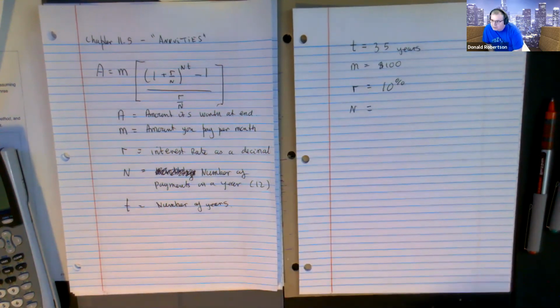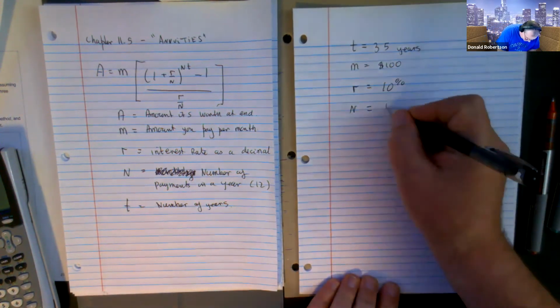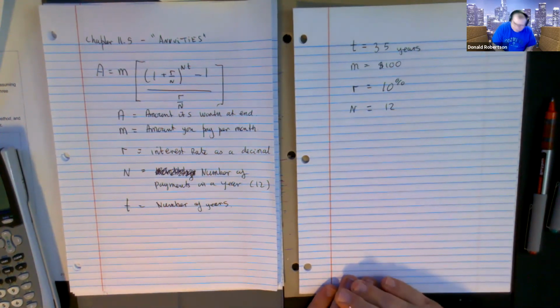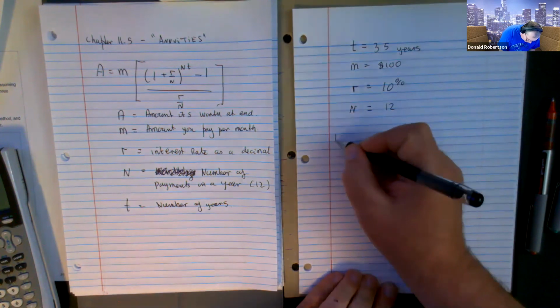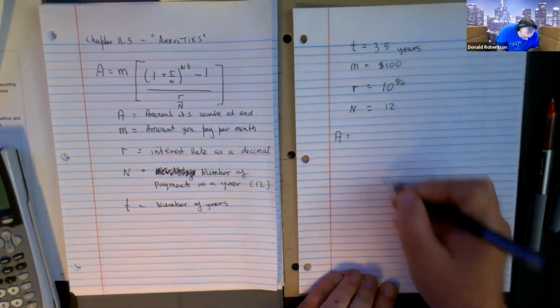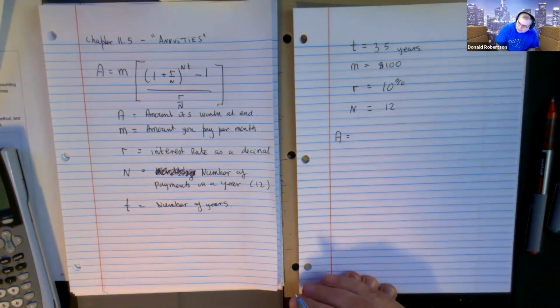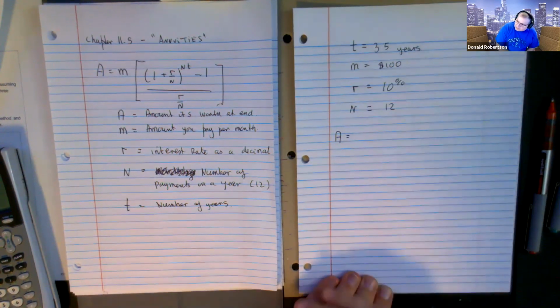We'll do this monthly again because I like monthly. I think we're ready, aren't we? So let's find out what this one is worth. Do you think that 10% is going to make a massive difference to the final result compared to a 4% one, even although I'm putting less money in?